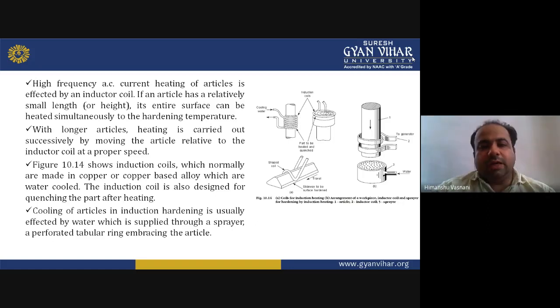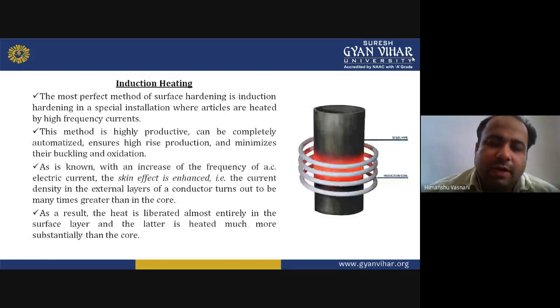Now then, in the previous diagram I have shown you that there is a steel pipe and you have an induction coil all around it, and how this is heating the surface layer of the workpiece.